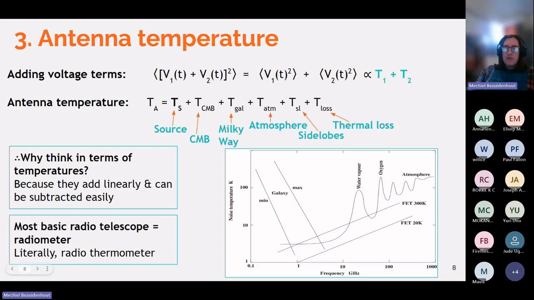At a typical radio frequency of 1 gigahertz, the greatest contributor to the noise temperature comes from the Milky Way galaxy, and then as you go up in frequency, the atmosphere starts to play a more important role, and then there are terms for additions due to the temperatures of transistors in the system existing at different temperatures.